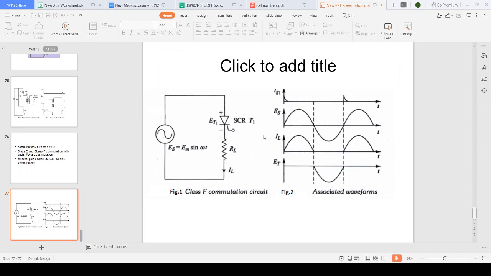Observe this value of current IL: it has some positive value, it means current flows through this SCR. During this positive half cycle, current flows through the SCR, and this is a negative half cycle.